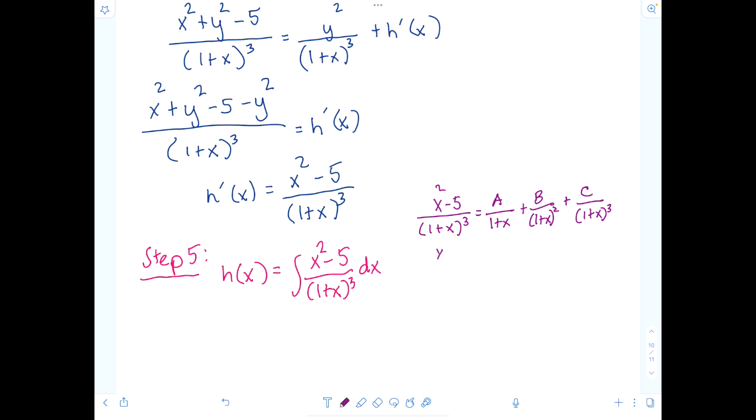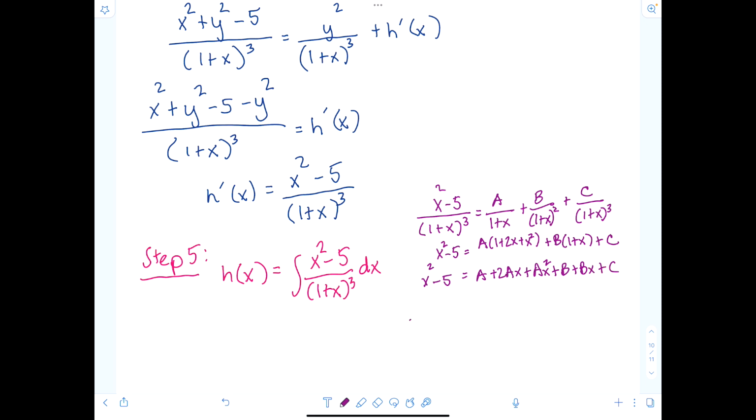Getting a common denominator and equating the numerators, we multiply a by 1 plus x, the quantity squared, which is 1 plus 2x plus x squared. We multiply b by 1 plus x, and c already contains the common denominator. We'll have x squared minus 5 equals a plus 2ax plus ax squared plus b plus bx plus c.